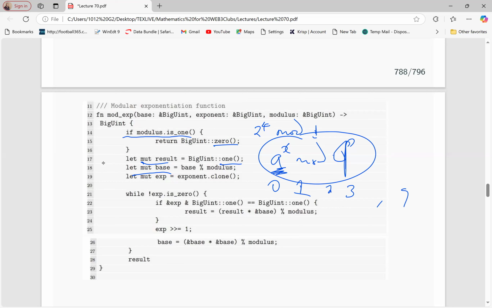But then you take that base and divide by the modulus, and the remainder is what becomes our base. What about the exponent? It is also mutable. The exponent will also be changing.